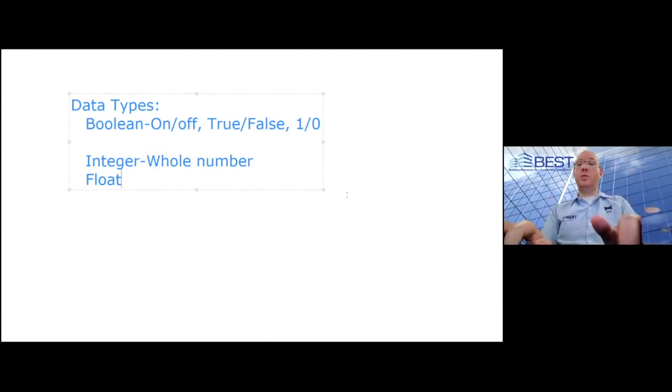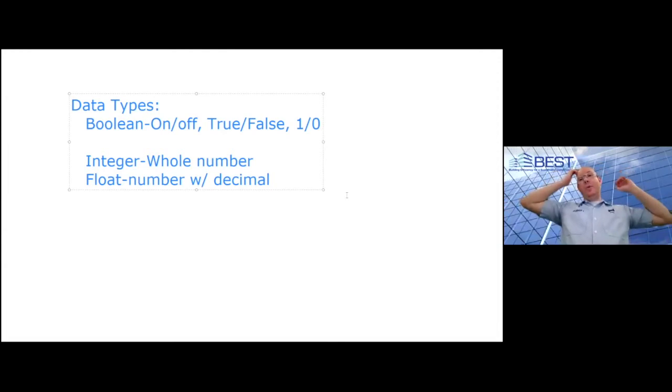Okay, we'll use Boolean a lot, we'll use float a lot. And a float data type is a number with a decimal. If you get technical with it, both integers and floats have a certain numeric maximum value, but these values are so high that for us, we're never going to run into them.